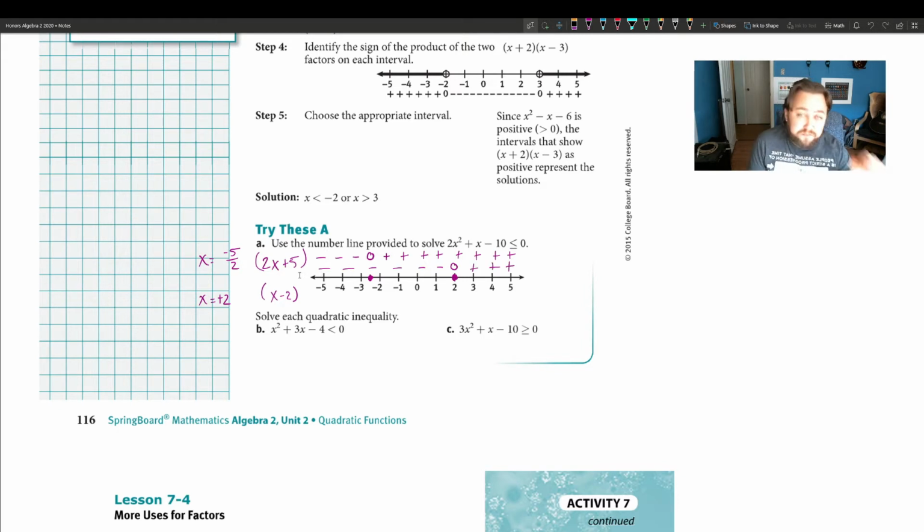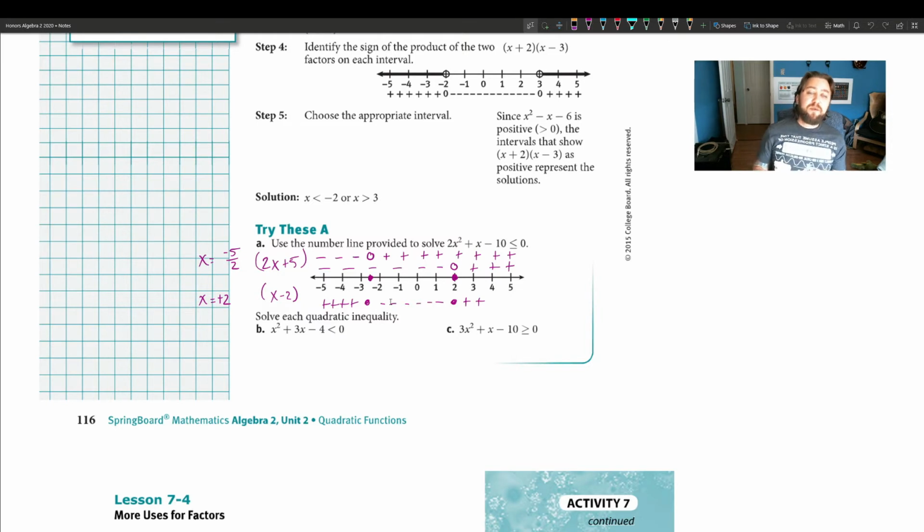Okay, so what I'm going to do is look at the signs. So negative times negative is positive. Then we hit our 0. Positive times negative is negative. Hit our 0. Positive times positive is positive.